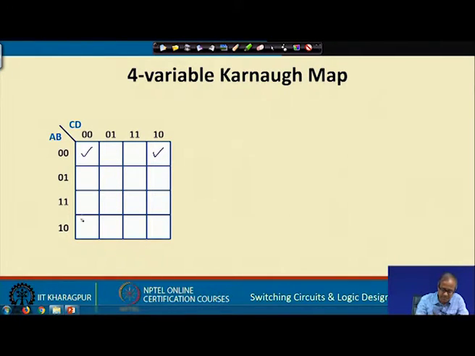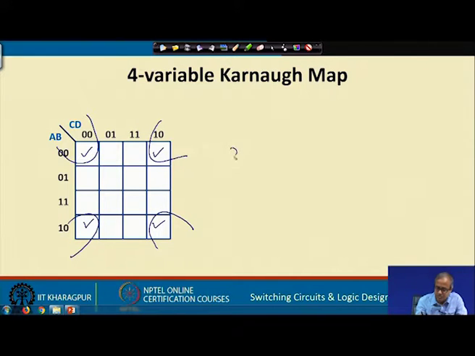Now, I talked about the 4 corner cells, right. Suppose there are true minterms in the 4 corner cells, they are also considered neighbors. So, I can make a big cube of size 4 using the 4 corner cells, which is shown like this. How? Let us write down and see.